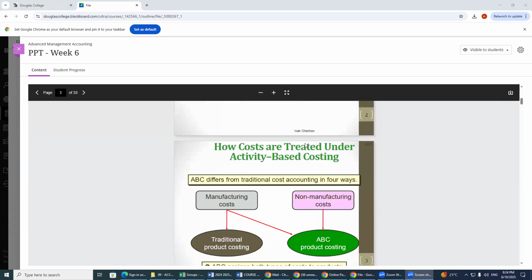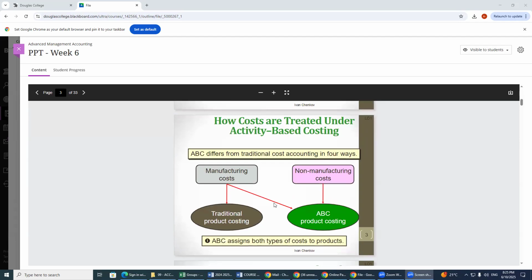Now, why do we want to do activity-based costing? For different reasons. Because it's different than the traditional costing system in terms of four main categories. The first one is that in the traditional costing system, we're going to allocate only and only manufacturing cost. So we're going to split the manufacturing cost into direct material, direct labor, and manufacturing overhead.